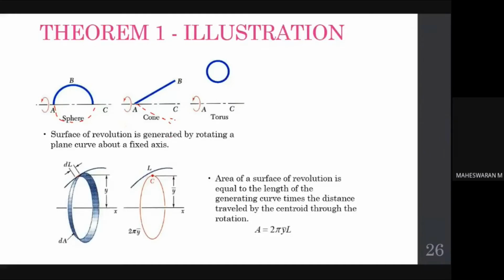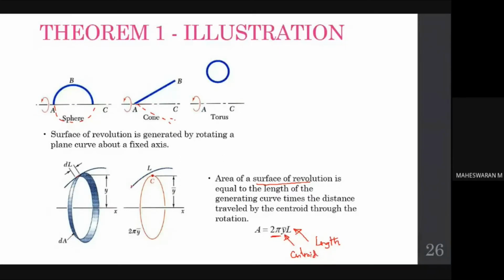So all these things are the area of the surface of revolution. It is nothing but 2 pi, because it is rotating 360 degrees, into the product of the centroid and its length. So this is the length of the line and this is the centroid of the line.